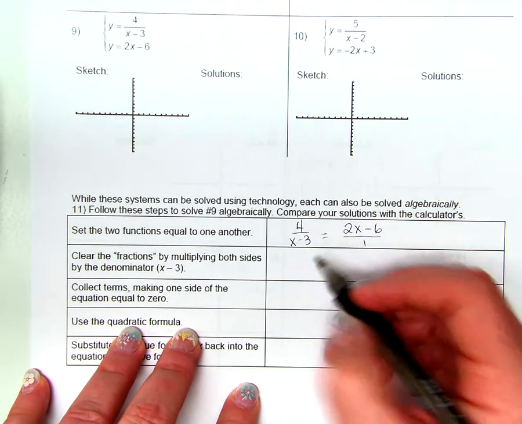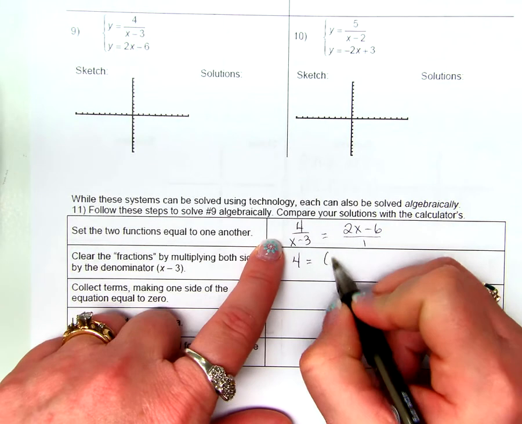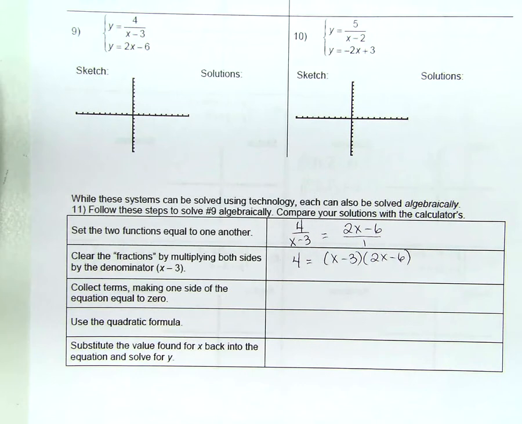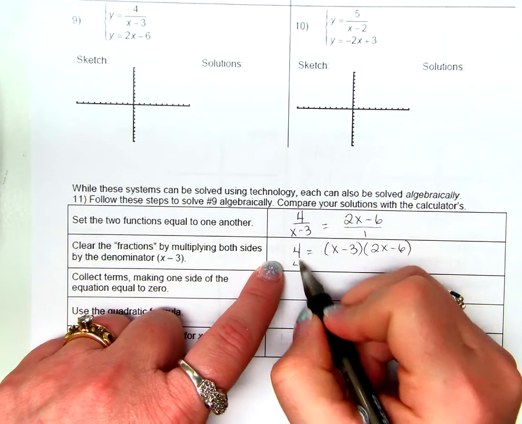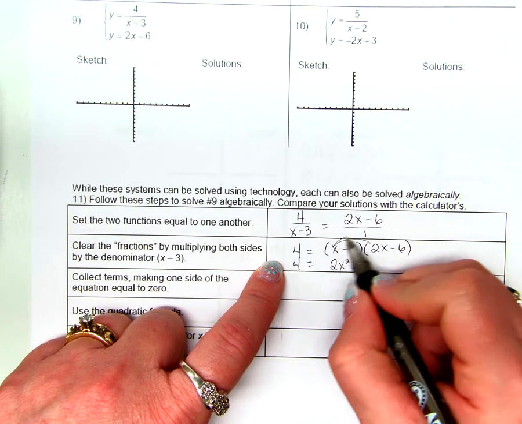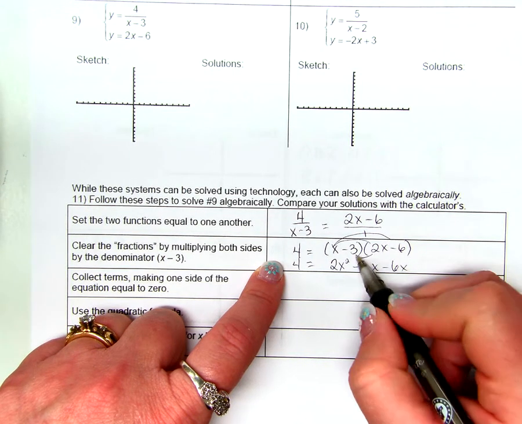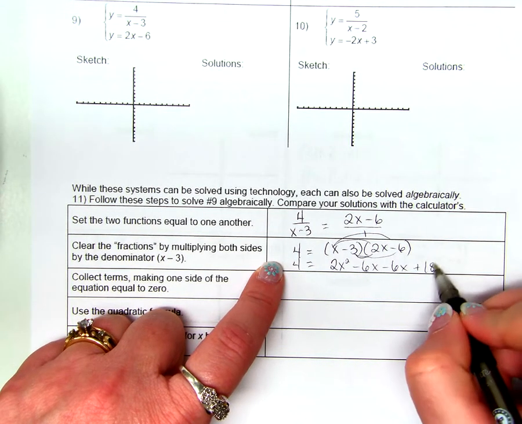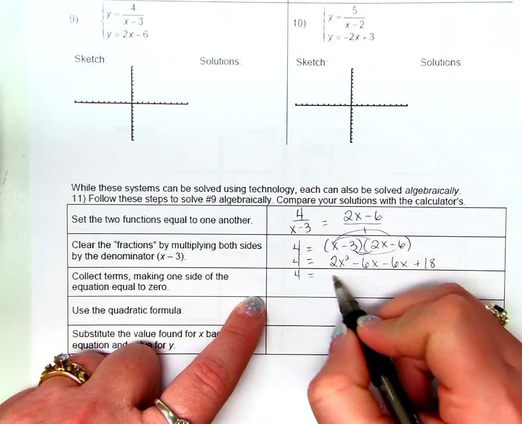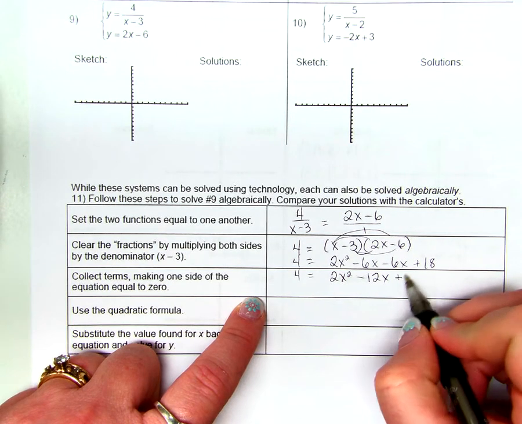When we cross multiply, we get 4 equals these two things multiplied together. So x minus 3 times 2x minus 6. Okay, so we end up with 4 equals 2x squared minus 6x minus 6x plus 18. When we collect our terms, we get 4 equals 2x squared minus 12x plus 18.